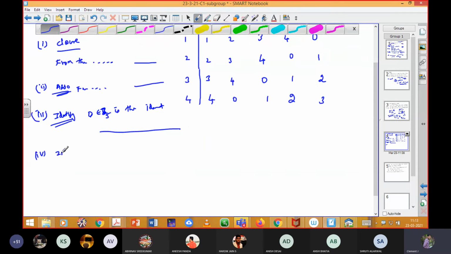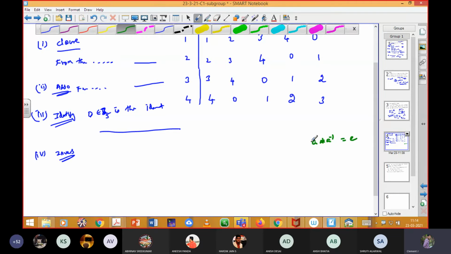Next, inverse. In this step many people make mistakes. So inverse axiom is always stated like A star A inverse equals E. Here star represents, according to this problem, addition modulo 5, and E represents 0.